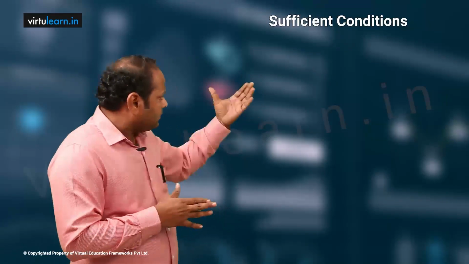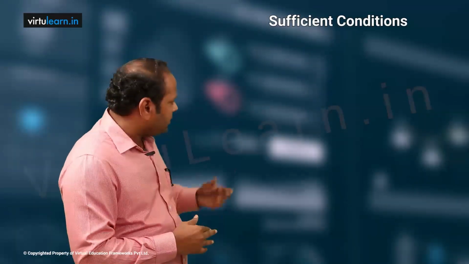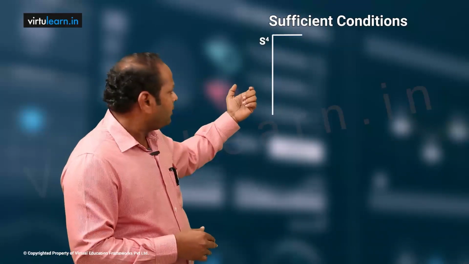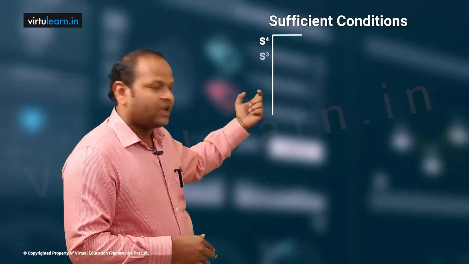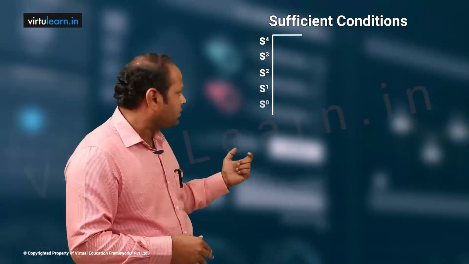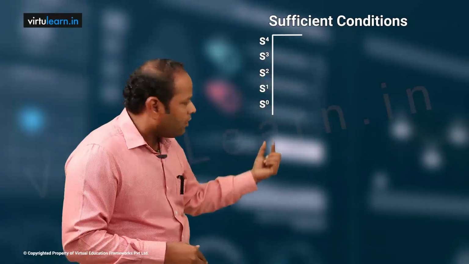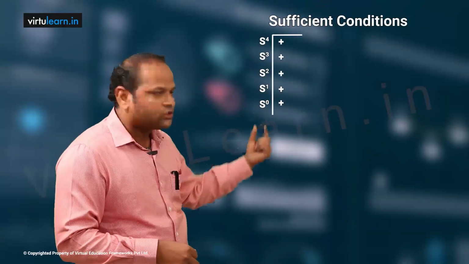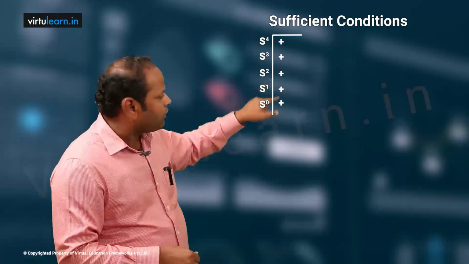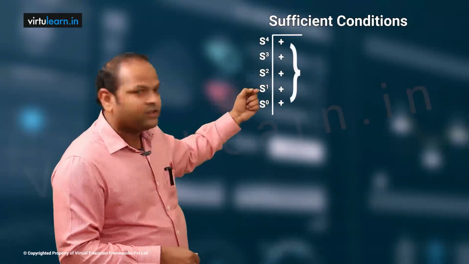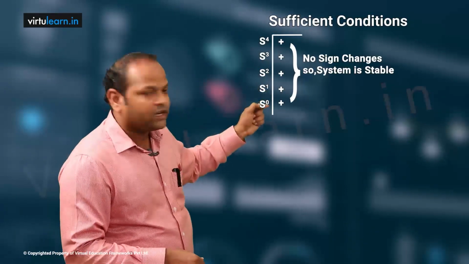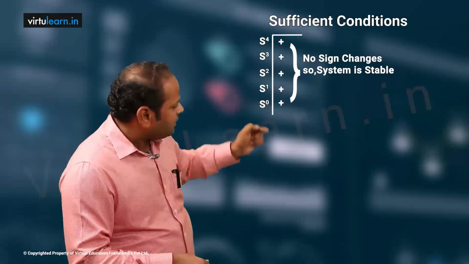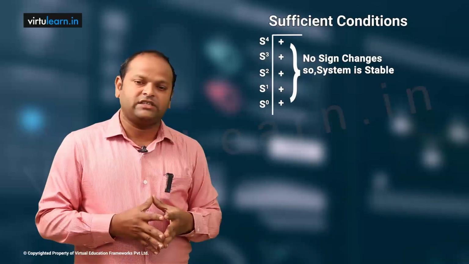Now look at sign changes in this example. I am taking s power 4, s cube, s square, s1, s0, and I have all positives. Value is not important for me, so I have all positive signs. Check from one to the next: first to second there is no sign change, second to third there is no sign change, and so on. There are no sign changes.